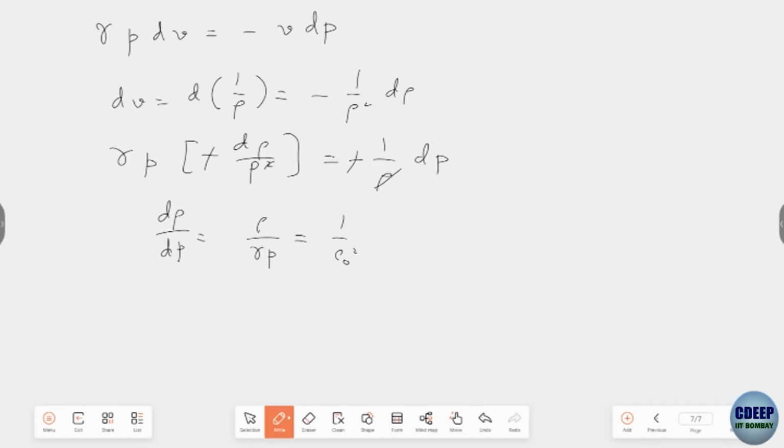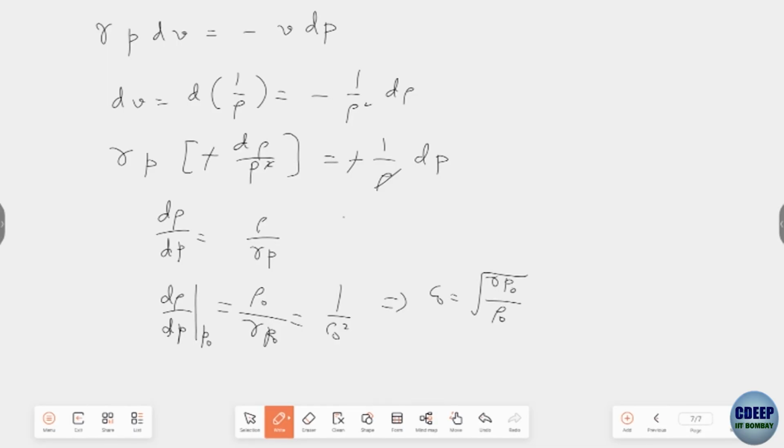Then if I want to specialize this to the base flow, then I will evaluate this at P0, and that will be rho naught by gamma P naught, and that I'll call as 1 by C naught square, so that I get the C naught to be root over gamma P naught by rho naught. So one of the many ways of coming to this conclusion, and also equal to root over gamma R T naught.